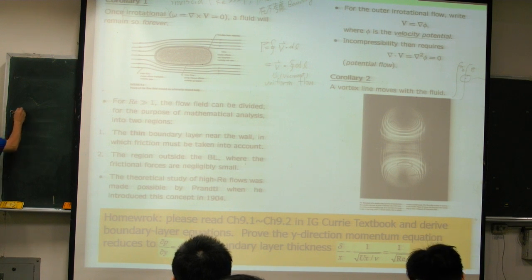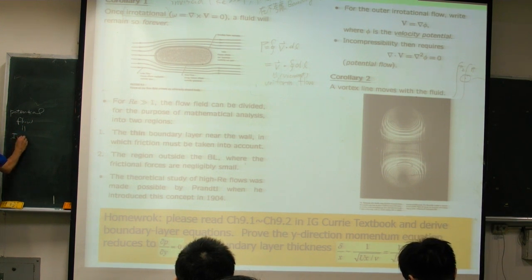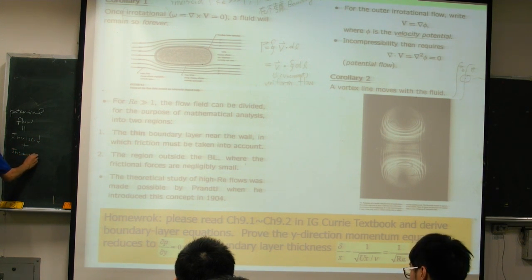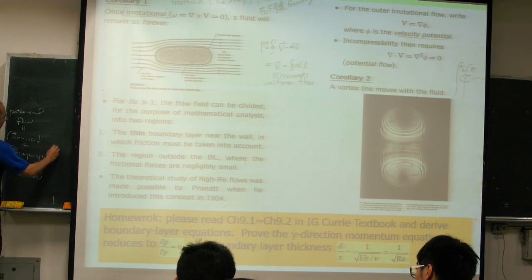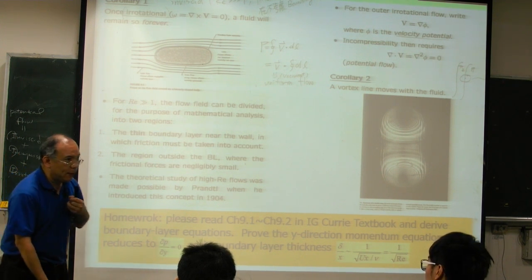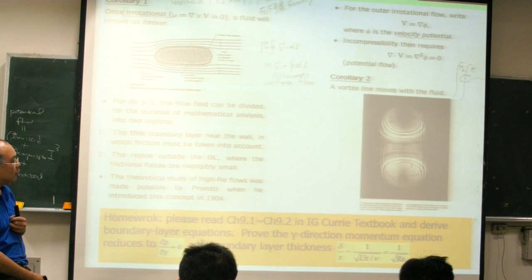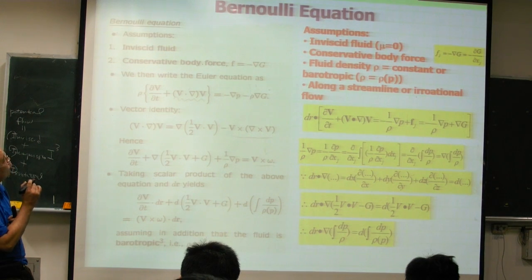What does the potential flow mean? Potential flow equals what? Inviscid plus incompressible plus irrotational. Okay, so it is I-cube. All three conditions must be satisfied. Okay, we will slowly get into this later, because we simplify the engineering problems. Potential flow can explain some problems. So here we will try to derive the so-called Bernoulli equation.